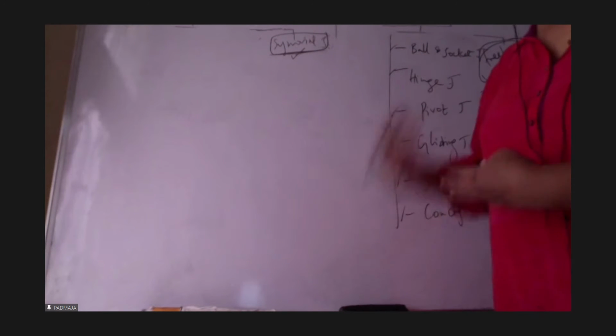So first we'll learn the structure of the synovial joint. What arrangement allows them free movement? What type of arrangement allows that joint to become freely movable? Try to understand. Now we are going to learn synovial joint structure, and it is a 4-mark question for the board exam.